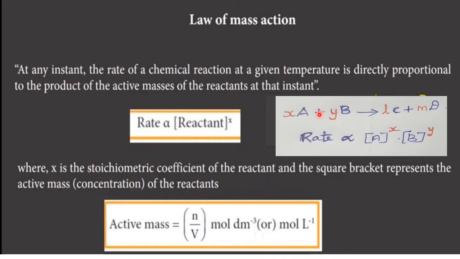Here is one example equation, xA plus yB gives lC plus mD. I wrote the coefficients in red: x, A, y, B, l, C and m, D. Here A, B, C and D are the substances, and x, y, l, m are the numbers of moles. In equations, some have numbers and some do not.